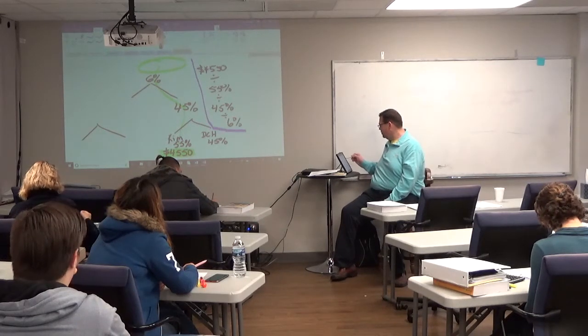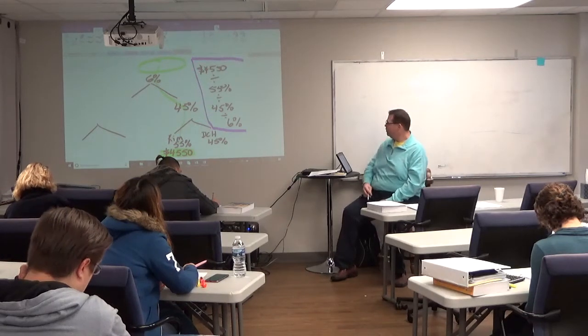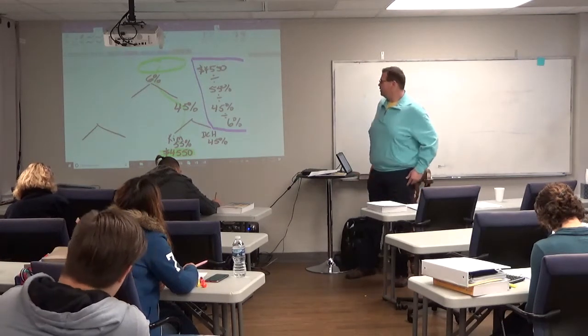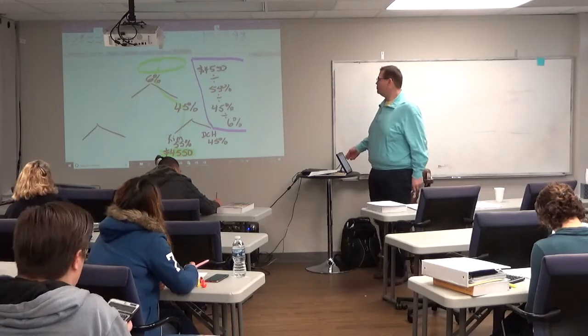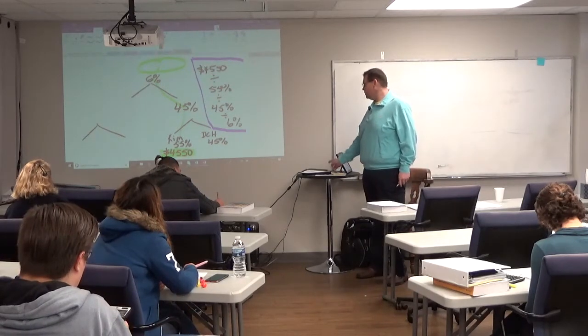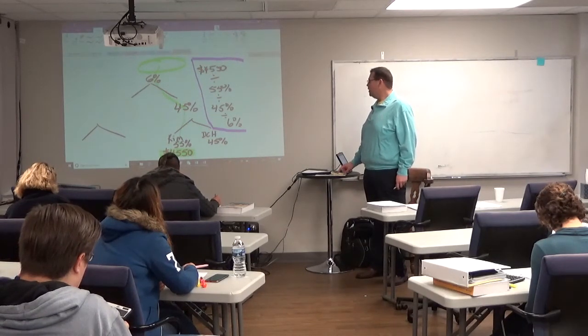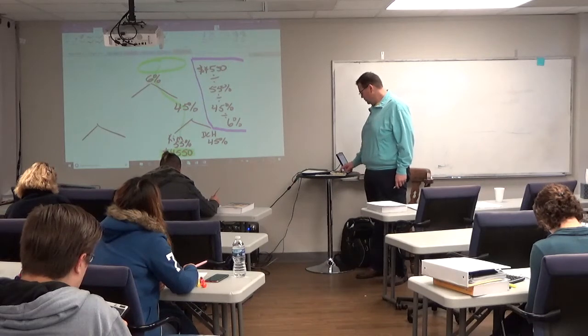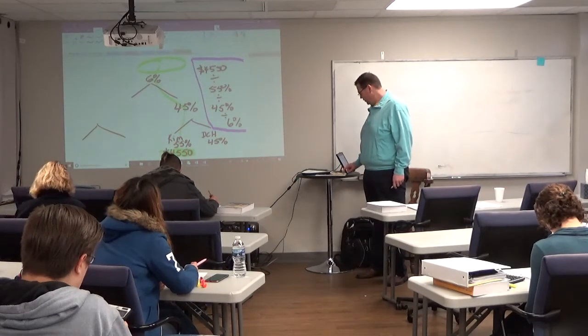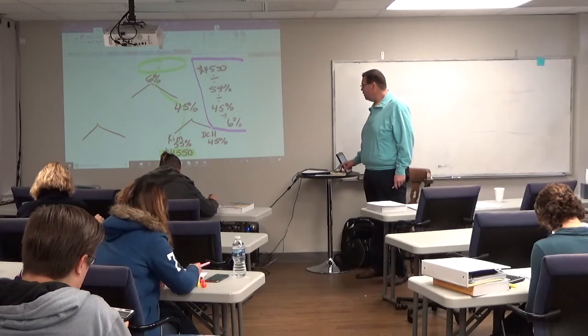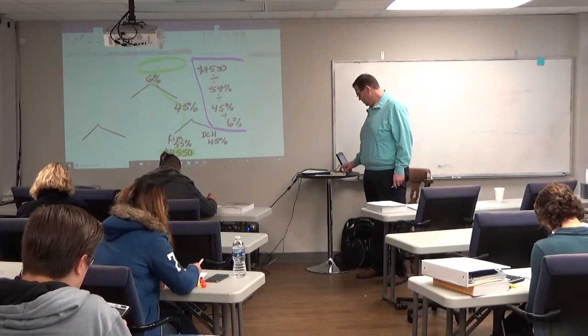Kind of put them in a box over here to separate them out. 4550 divided by 55% divided by 45% divided by 6%.